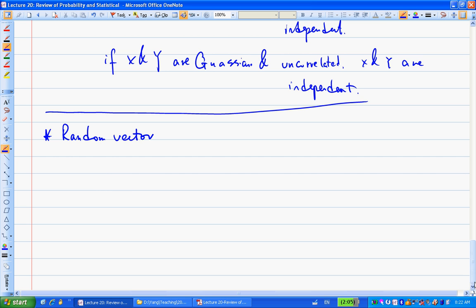It basically means we have a vector with a series of random variables, X1, X2, up to Xn. Those are capitals. We always use a column as a vector here. This is called a random vector, a vector that contains n random variables. So we can define another one, let's say define a Y here.